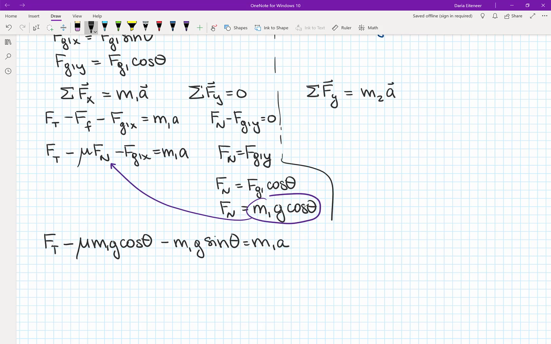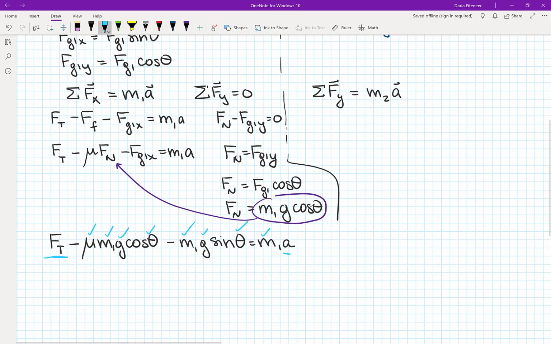So we have our coefficient of friction, our masses, g obviously, and the angle. So basically in this equation we have everything except for force of tension and acceleration. So this is another one of those examples where we're going to end up solving two equations and two unknowns.